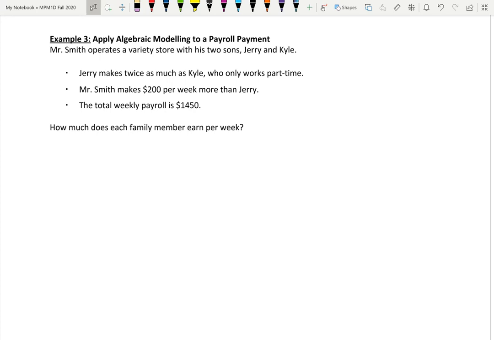Let's break down what we've learned in the information provided. Jerry makes twice as much as Kyle, so Jerry is 2 Kyles. Mr. Smith makes $200 more than Jerry, so Mr. Smith is equal to Jerry plus $200.